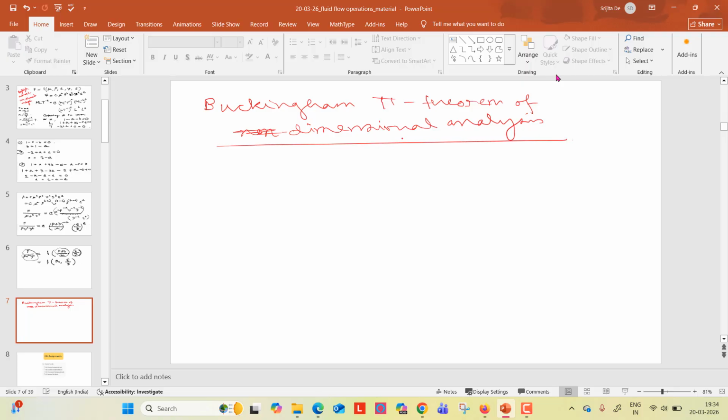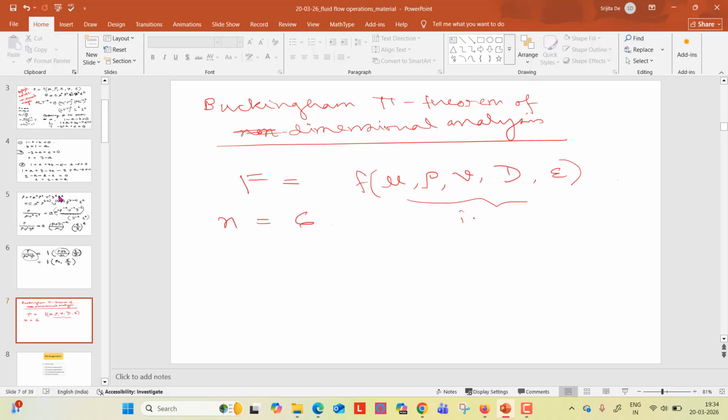Okay, so here the parameters are same, right? So f is a function of mu, rho, velocity, diameter, and roughness factor, right? And total number of variables is 6, right?